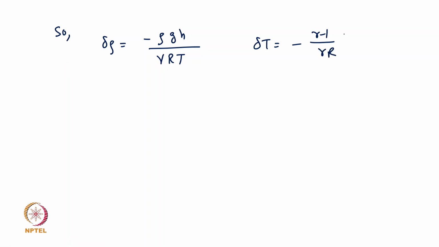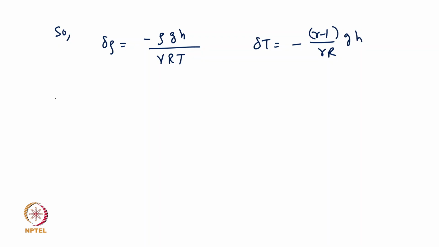So we have the change in density, delta rho, is minus rho g h by gamma R T, and the change in temperature is equal to minus gamma minus 1 by gamma R, times g times h.